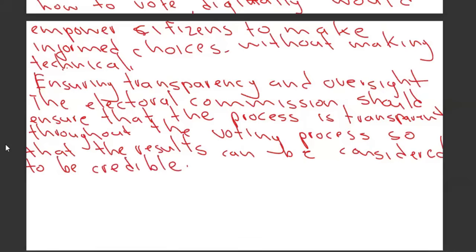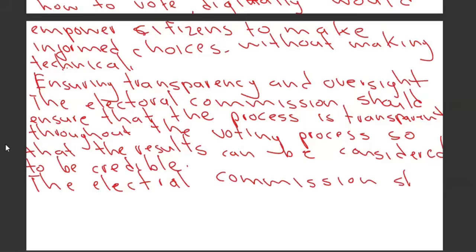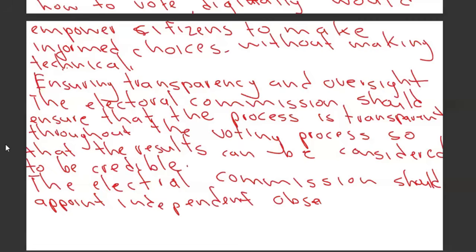Then the Electoral Commission should appoint independent observers to monitor the process.